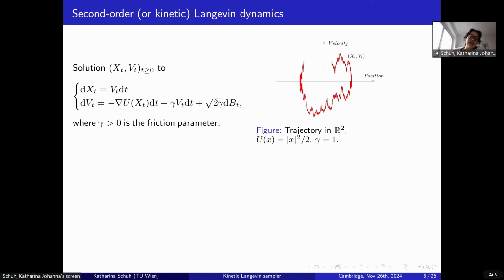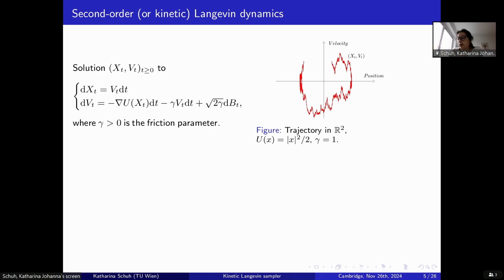So here, the process (X_t, V_t) is just a solution of this SDE, where the change in position is given by the velocity, and the change in velocity is given by minus the gradient of U minus gamma V_t plus square root of 2 gamma dB_t. So we see that the first part is something like the Hamiltonian dynamics, and then the second part is an Ornstein-Uhlenbeck process.